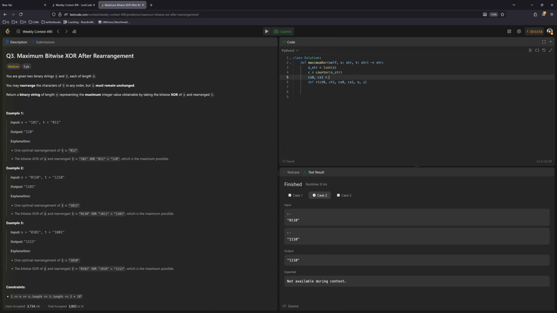And then this will be C of 0, and this will be C of 1. Okay, and then exactly the same thing. C equals counter of T, and then this will be CT of 0 and CT of 1. Like that.